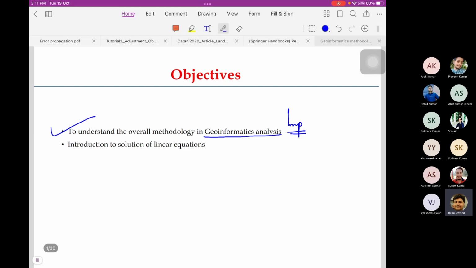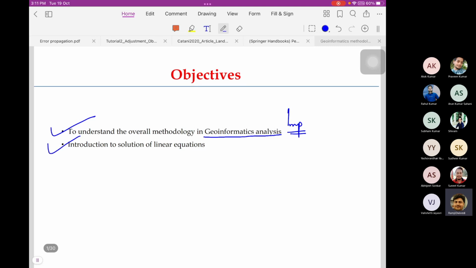Okay. So in this objective, our job is to now understand the overall methodology, and obviously whenever a problem comes, you will collect the data in order to solve that problem, and that will lead to the observations in the field, will lead to formation of a model or set of linear equations which we are going to solve.